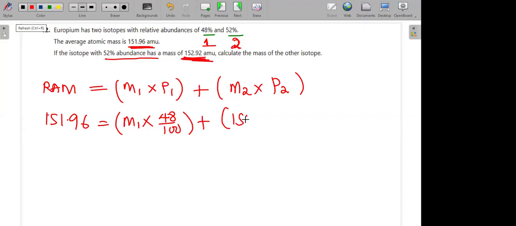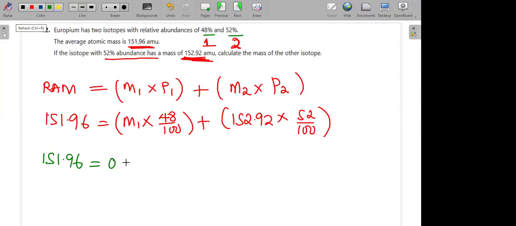Then plus mass 2, which is 152.92 multiplied by its percentage, which is 52 over 100. More like the previous question. So this will be 151.96 is equal to 48 divided by 100 and then multiplied by M1.